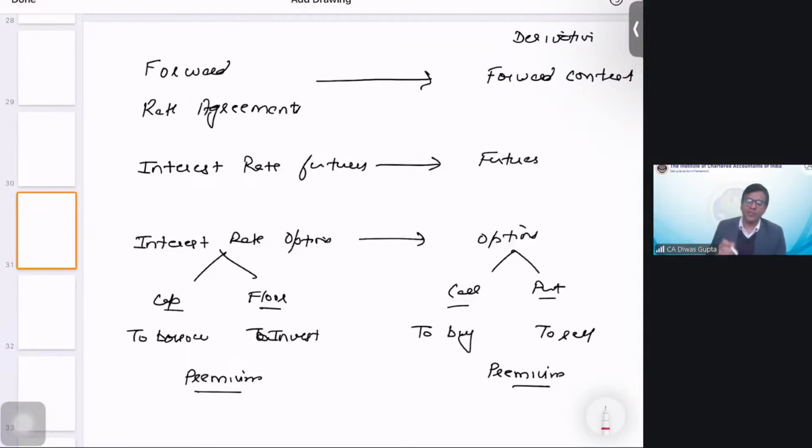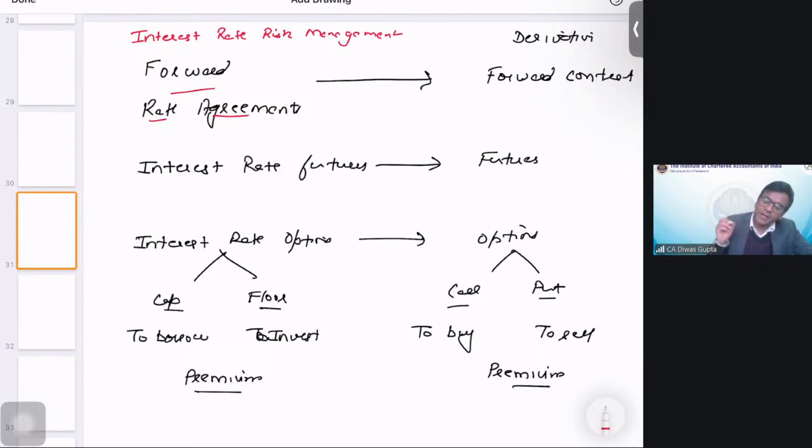So in case of forward rate agreements, this is what it is all about, interest rate risk management. These are all the topics of interest rate risk management. The forward rate agreement is as good as forward contracts in derivatives, students. Second, interest rate futures is as good as futures.